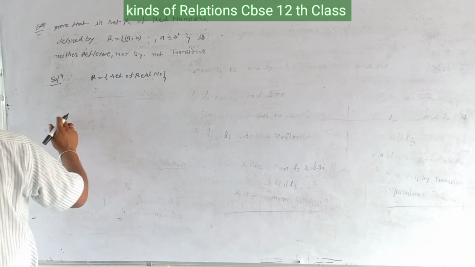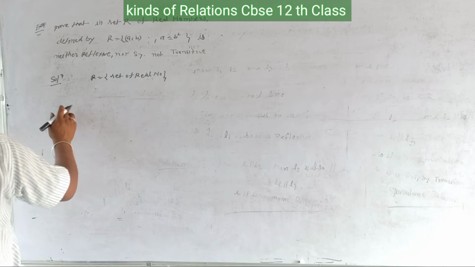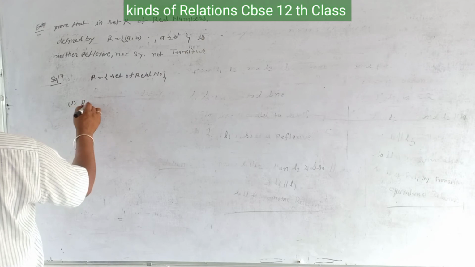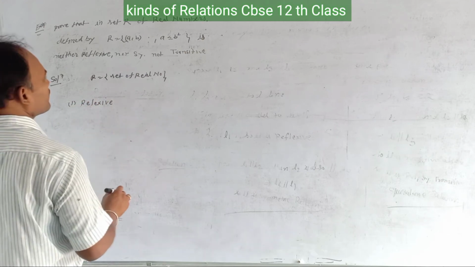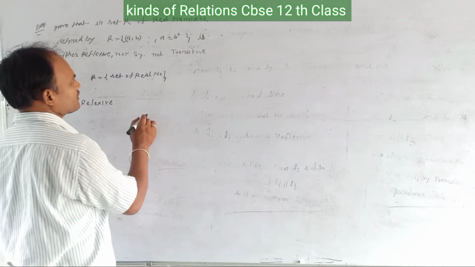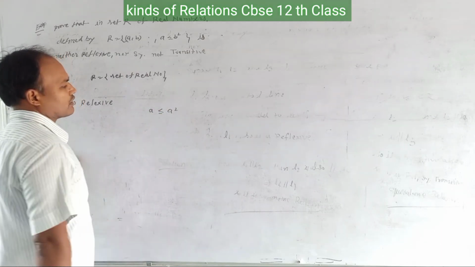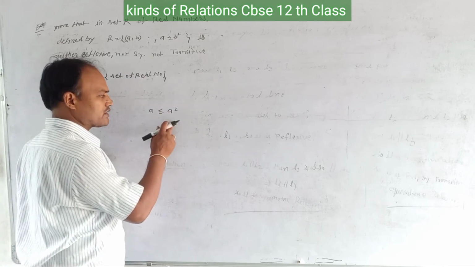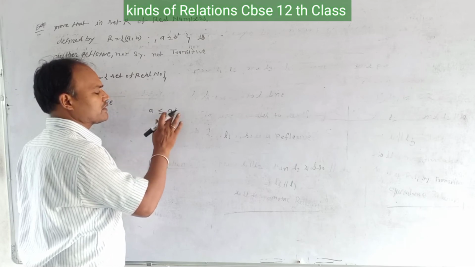First, let's check whether it is reflexive. When we talk about a reflexive relation, we need a ≤ a². Is it possible that a is less than or equal to a²?